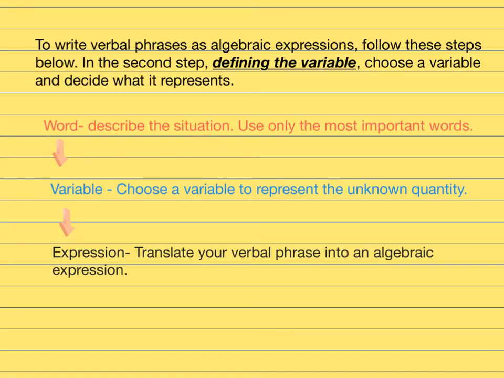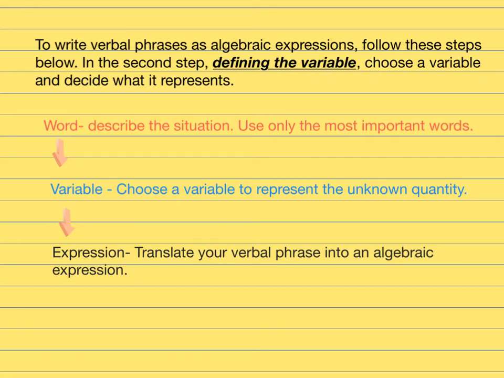To give us more insight on writing verbal phrases as algebraic expressions, follow these steps below. And in the second step, defining the variable, choose a variable and decide what it represents. So when you have the words describing the situation, use only the most important words. For example, when we did 3 times or fewer.